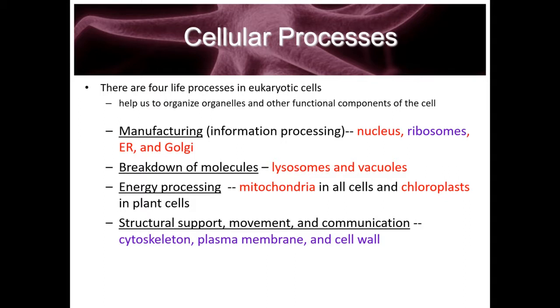So the cell can move, but then also things within the cell can move. All right, so movement of components and movement of the cell itself, and then how the cells communicate with other cells. So those involve things like the cytoskeleton, which is basically like a protein scaffolding, the plasma membrane, and the cell wall.